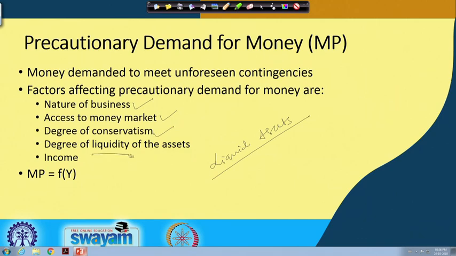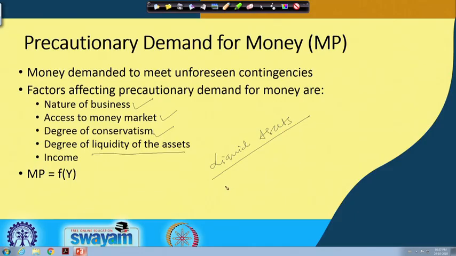Then, whatever assets they have, what is the degree of liquidity they have? Companies also hold some assets, but what do we mean by liquidity? Liquidity is nothing but how fast a particular asset can be converted into cash. So, if the assets can be easily liquidated or easily converted into cash, then we can say that we have more liquid assets.